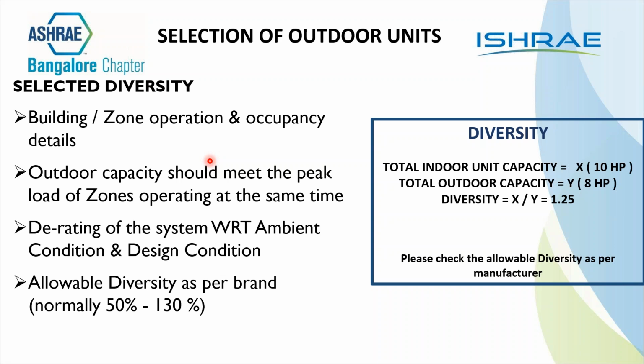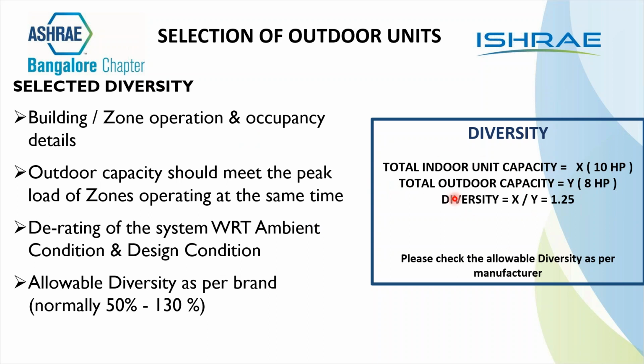For example, you require 3000 CFM of air. I will give you an indoor unit which will give you 3000 CFM of air. I will give you an outdoor unit, 300 CFM per ton gives you 10 tons, but I will give you only a 7.5 ton outdoor unit. Now this is known as diversity between indoor and outdoor.